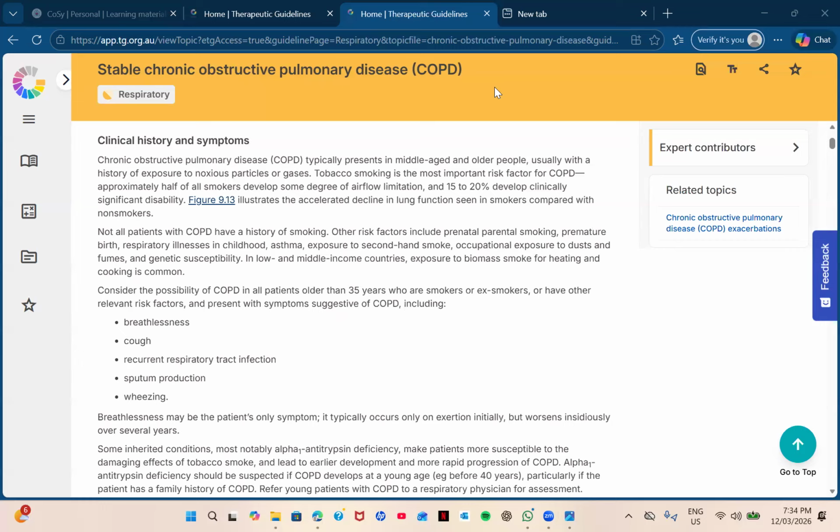Okay, obstructive pattern, right? So what does obstructive pattern mean? Tell me, doctors.